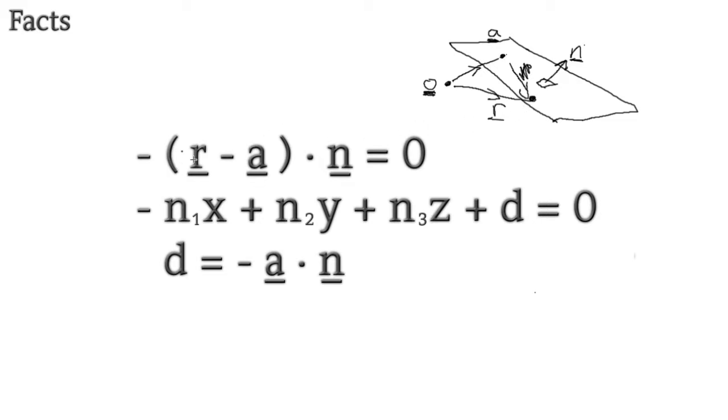A take r or r take a doesn't really matter because they are just directions. The important bit is the dot, because it is in normal form, dotted with the normal equals 0. It's defined to be perpendicular to the normal vector. So as long as a is on the plane, r take a dot n will be 0 if r is on the plane as well.